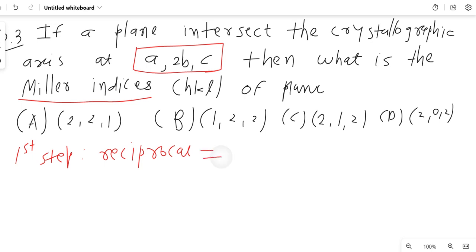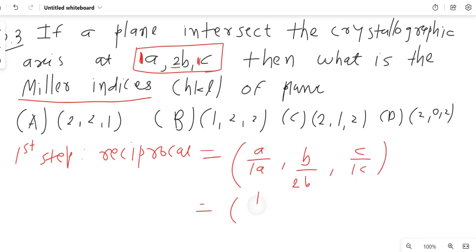So take the reciprocal of A. Here the factor is 1A, so it will be A upon 1A. Then take the reciprocal of B. Here the factor is 2, so it will be B upon 2B. And C has coefficient 1, so it will be C upon 1C. So the reciprocals will be 1 upon 1, 1 upon 2 and 1 upon 1.